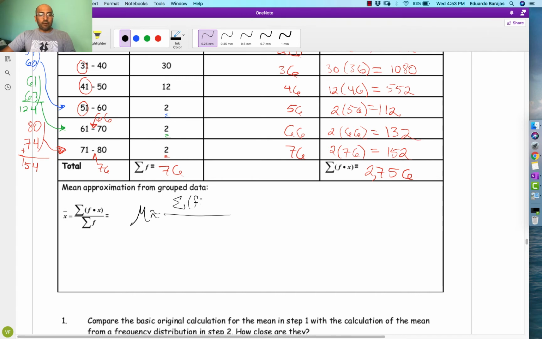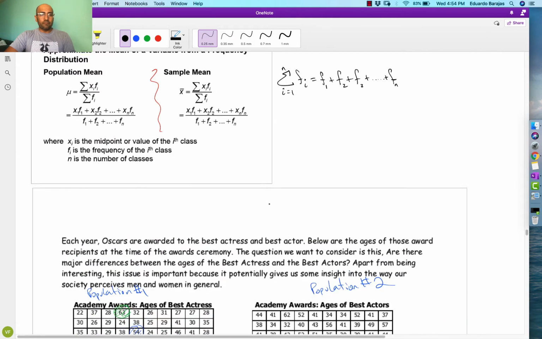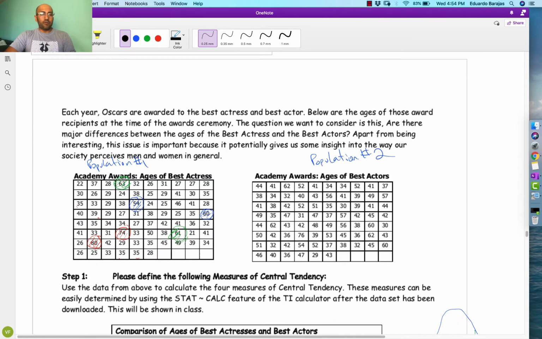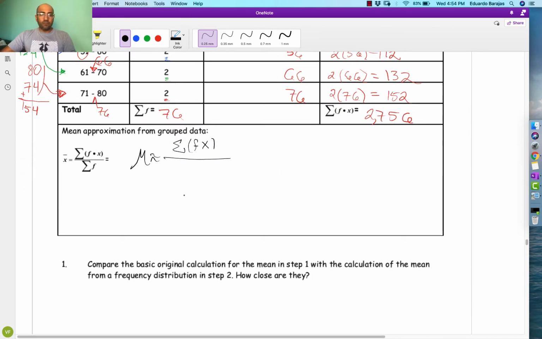Now this notation is the sum of f sub i x sub i, all over the sum of f sub i.